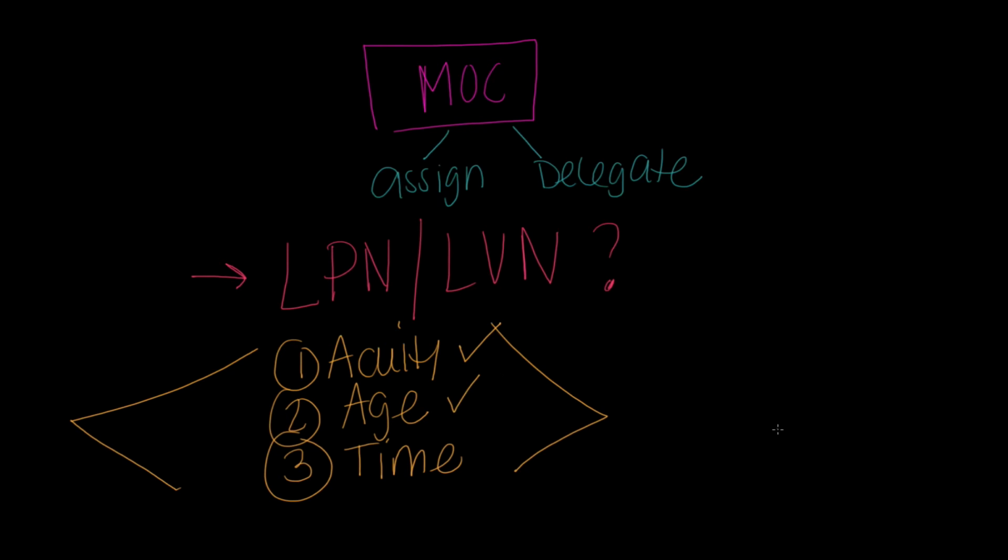The other thing is age. When you have to choose from a list of patients and there's a child in the mix of adults, normally, the RN should not give away the child. That's just a general rule. So if you have a child in the mix of adult patients, the RN should keep the child. Now, when does that get a little bit different?